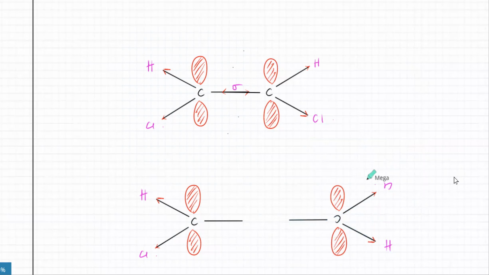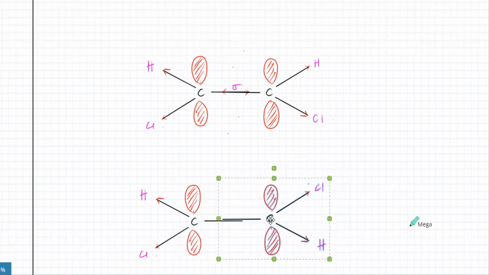Before the sigma bond was formed, before the pi bond was formed, the Cl was over there and the H was at the bottom. So there are 2 ways where the neighboring sp2 hybridized carbon atom could bond. So they could either connect in that way or they can connect in this way. The Cl and H are now pointing in opposite directions.